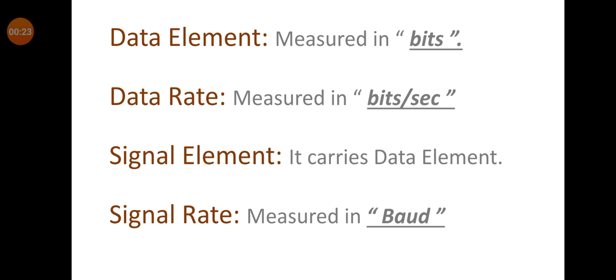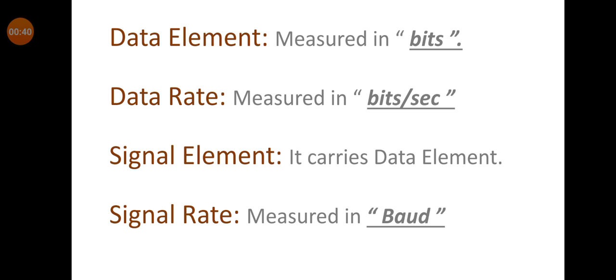The first one is data element. What does data element mean? In data communication, the smallest entity that can represent a piece of information is called a data element.